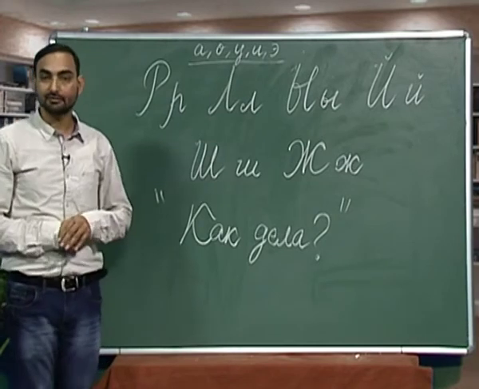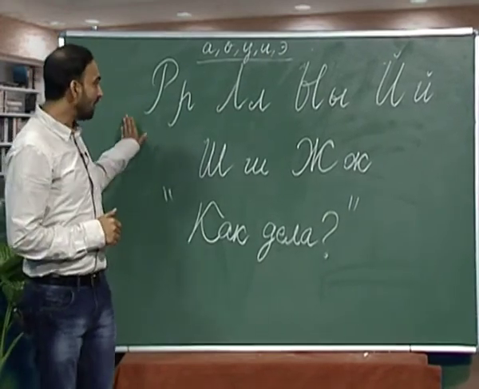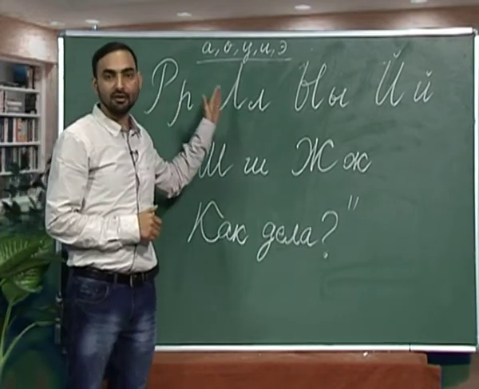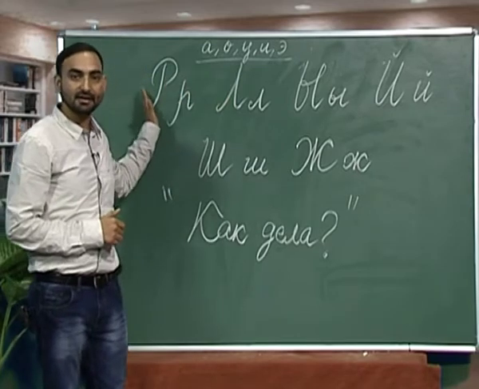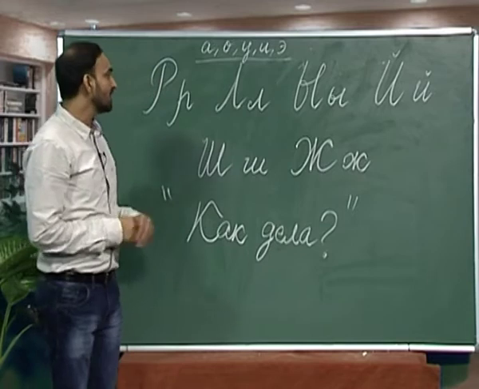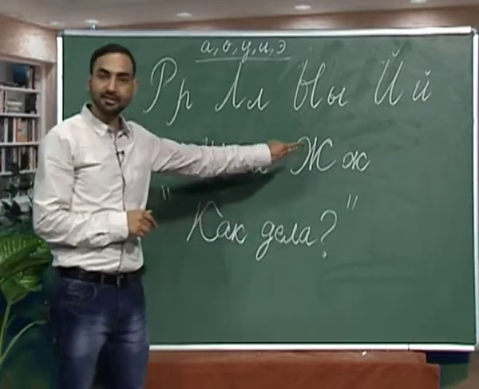In this lesson, we are learning how we write some vowels and consonants. This is in continuation with our previous lesson. In this lesson, we will learn these letters of the Russian alphabet.